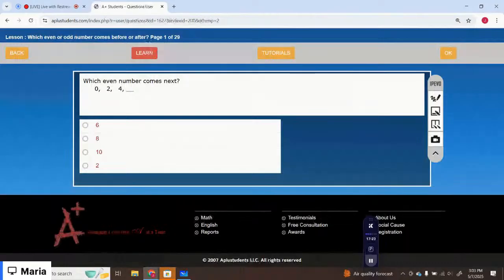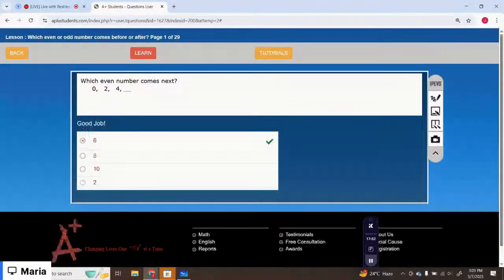So the next even number is 6. Option number 1 is the correct option.